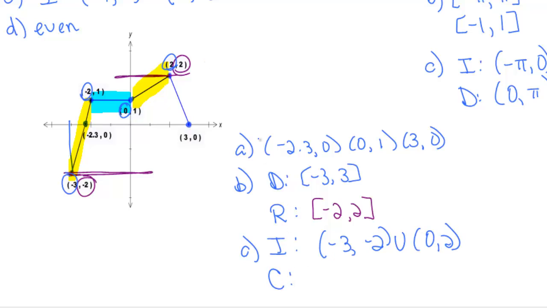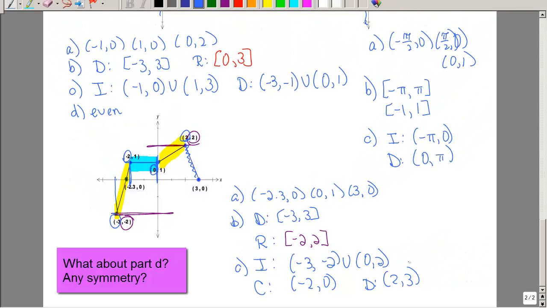It's constant, this part, which would be from -2 to 0. And it is decreasing just here from 2 to 3. So just looking at a graph, answering some questions.